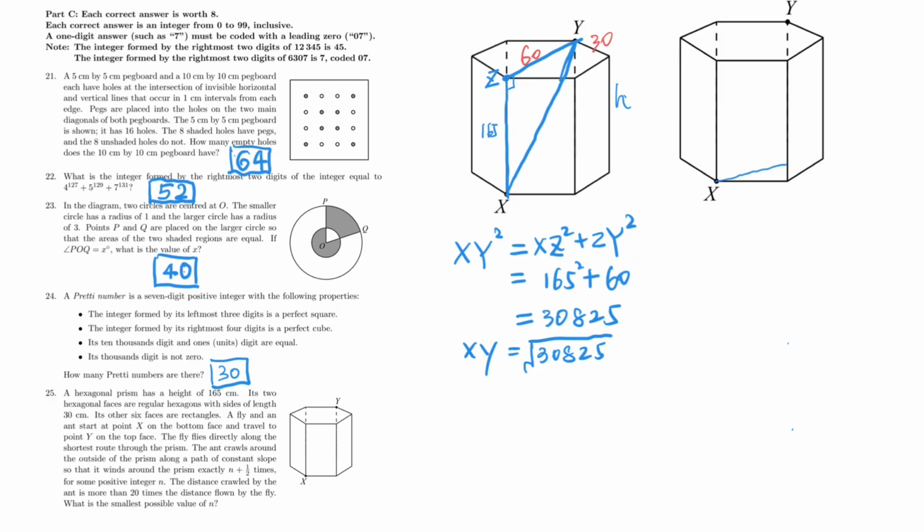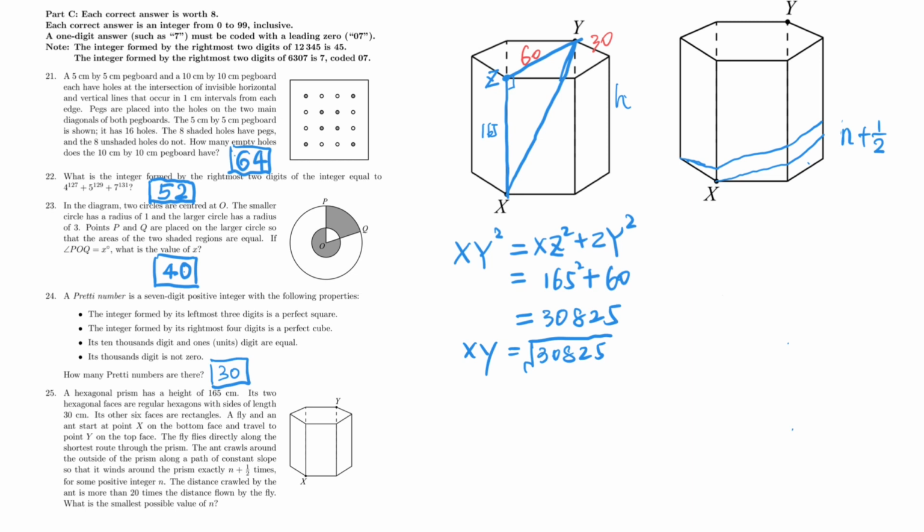So it always goes with the same slope, and then comes to here, still here, still here. The ant goes around n plus 1 over 2 times. What is the one time?